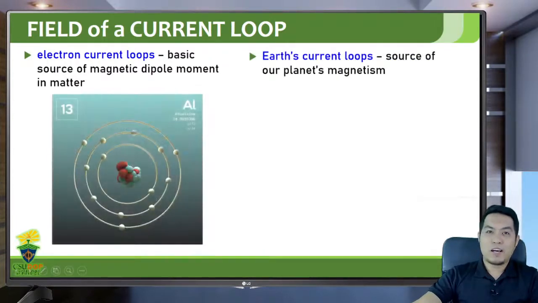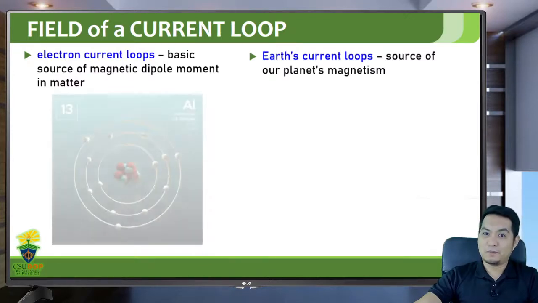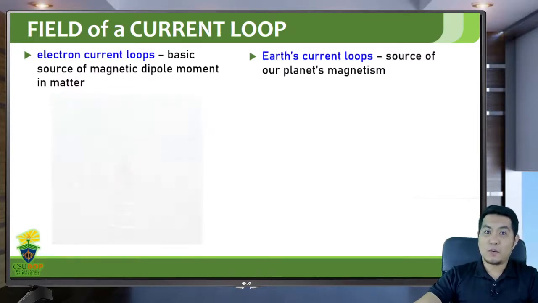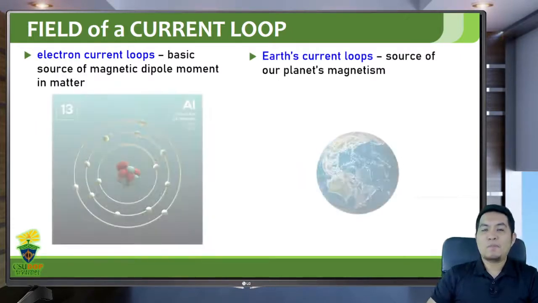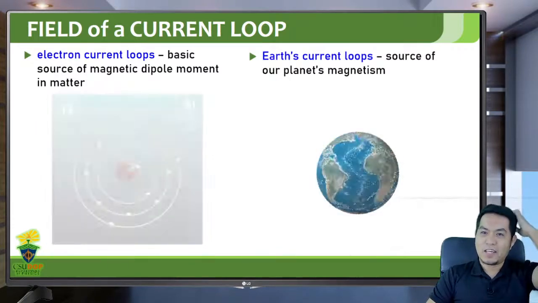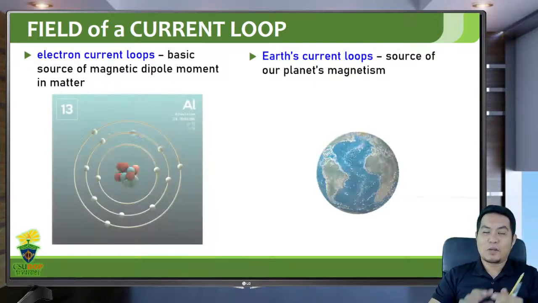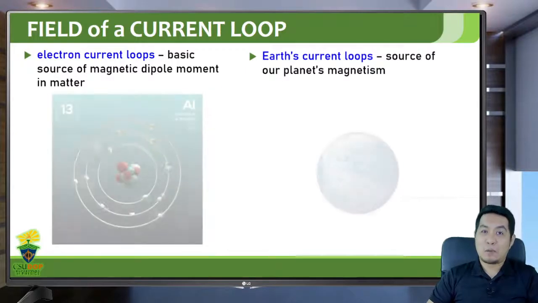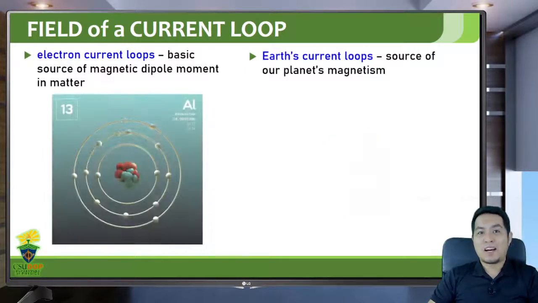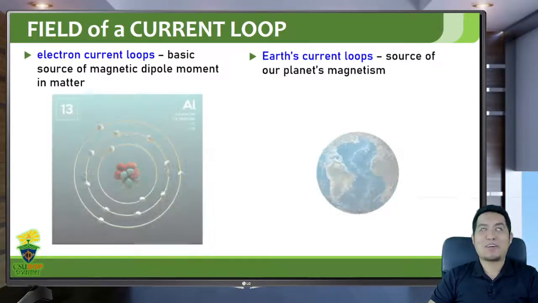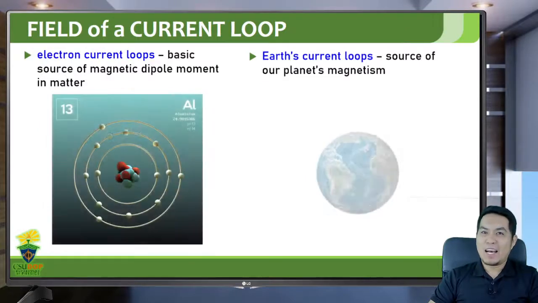So how about the Earth? How does the Earth have a magnetic field? The Earth also has its own current loops. At the core of the Earth, the outer core is made of liquid iron, and inside this sea of liquid iron are positive and negative ions.